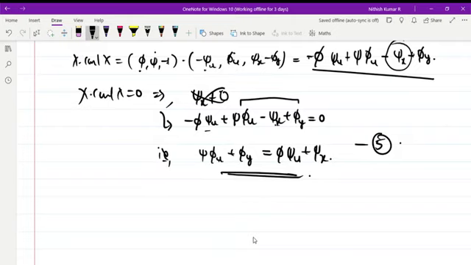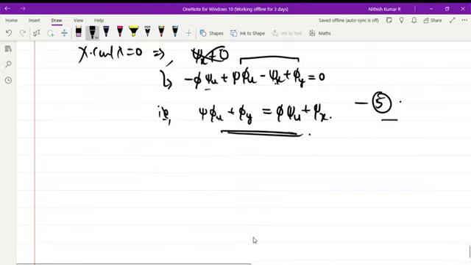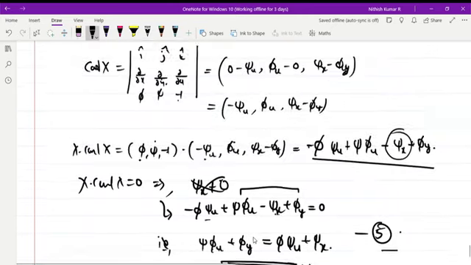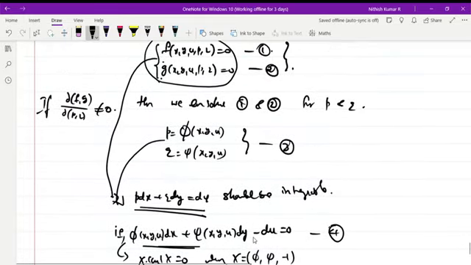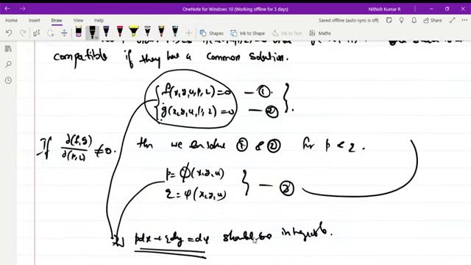Now just rearranging, psi phi u plus phi y is equal to phi psi u plus psi x. Yes, okay, correct. So we have now this relation. Let's call this equation 5.